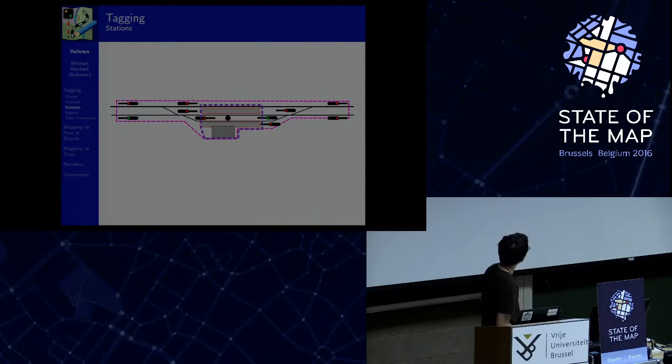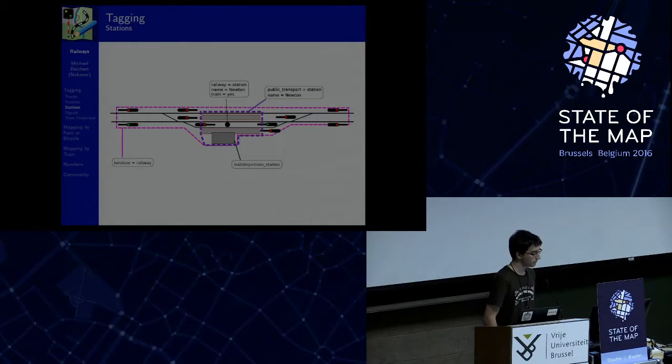For example, the thick line is the area which passengers use to describe a railway station, while railway staff usually thinks of a railway station from the left entry signal to the right entry signal, and it's pretty long, up to 1 kilometer. Therefore, use a node and use other tags for these areas and use a relation to connect them.